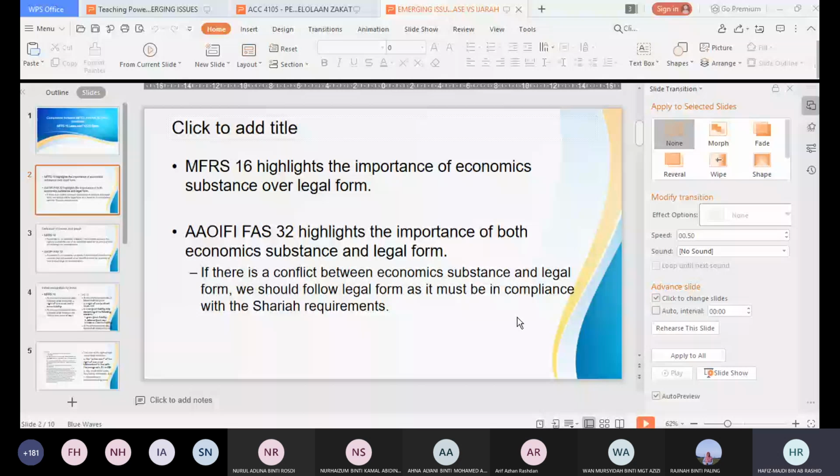This really contradicts Sharia, because to AAOIFI both are important, and if there is a conflict, the form is more important, because the form will ensure that the contract complies with the Sharia rules and regulations. So here, leasing is really a problem.